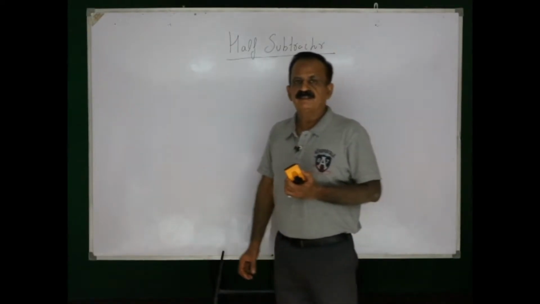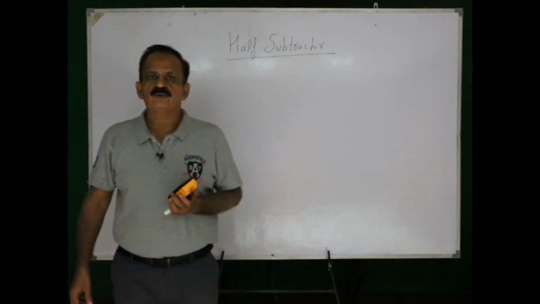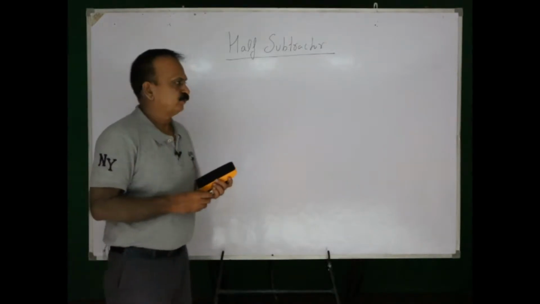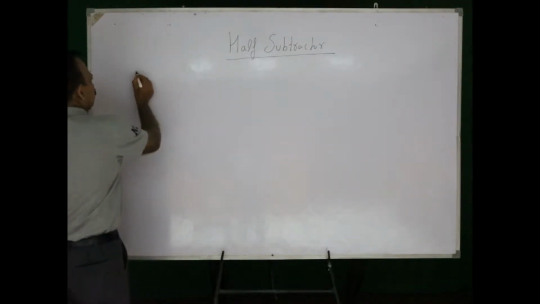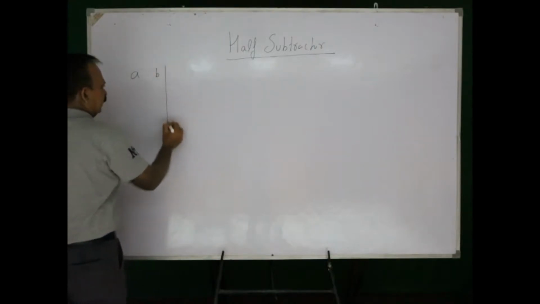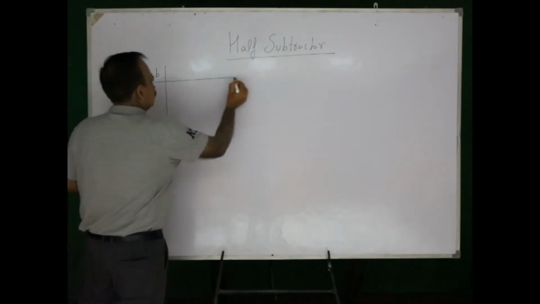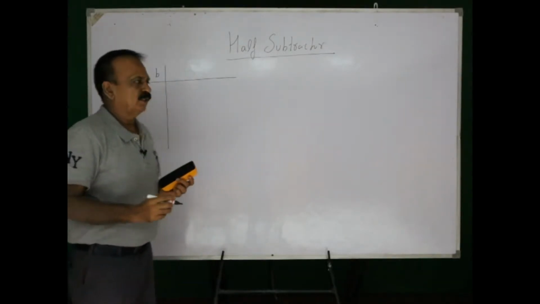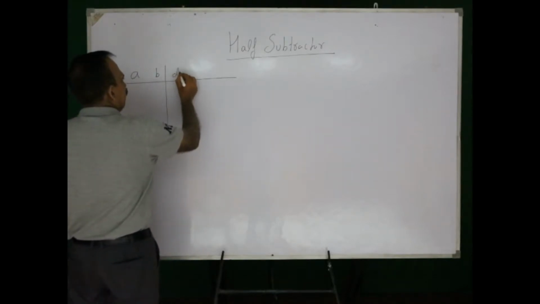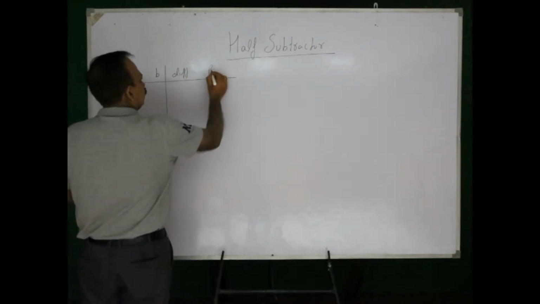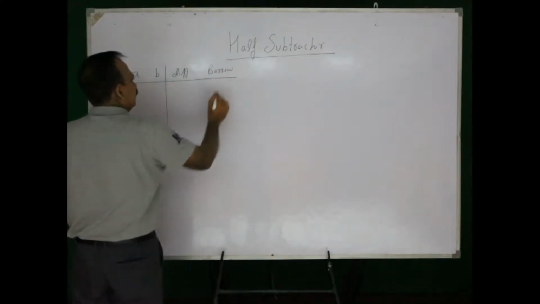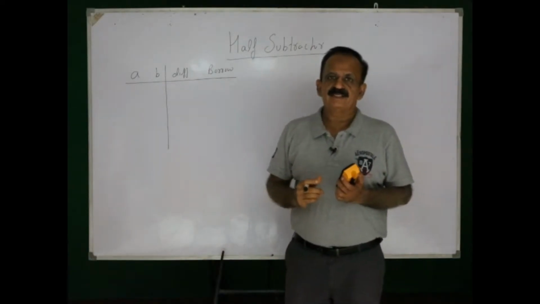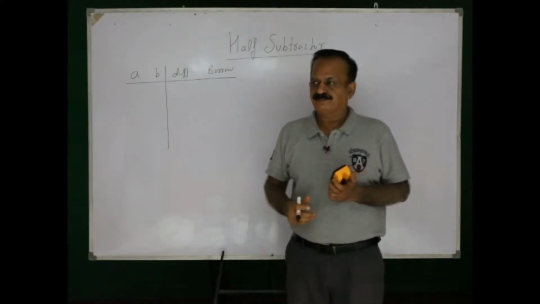Truth table basically means a table showing all input output combinations. Now, in half subtractor 2 bits are used. So, in truth table we will be having A and B as the inputs, and we will be drawing this truth table for A minus B. There will be two outputs: difference and borrow.